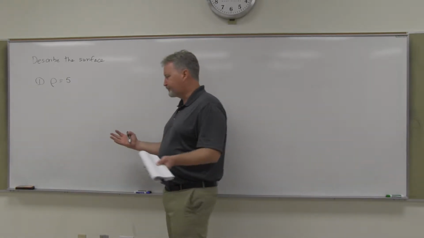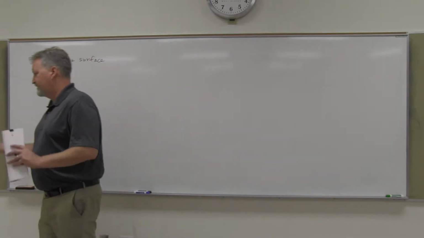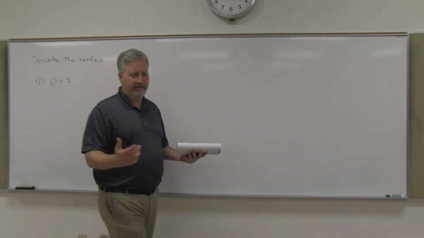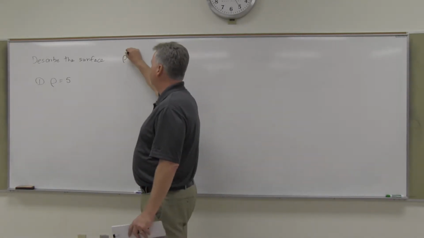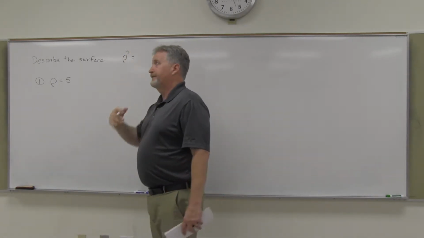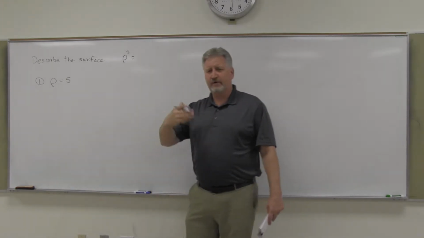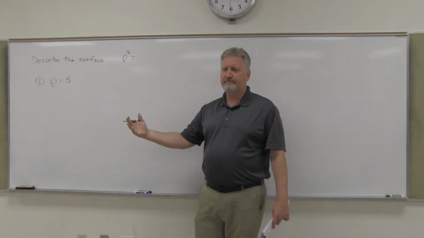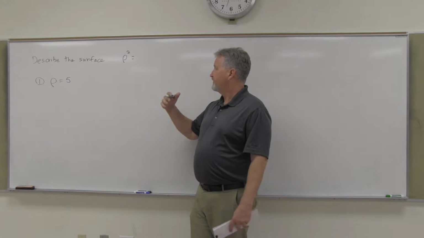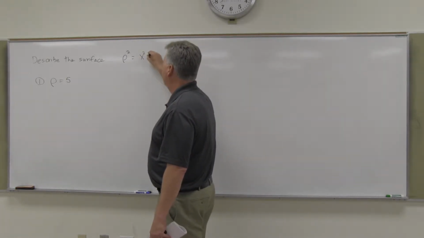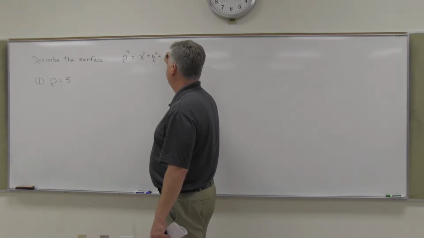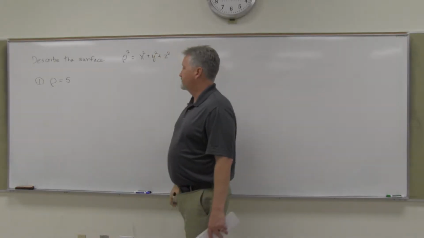Well, we know some of the conversions. For example, we know that x squared plus y squared equals r squared. Rho squared is the 3D equivalent of that: x squared plus y squared plus z squared is what rho squared equals.